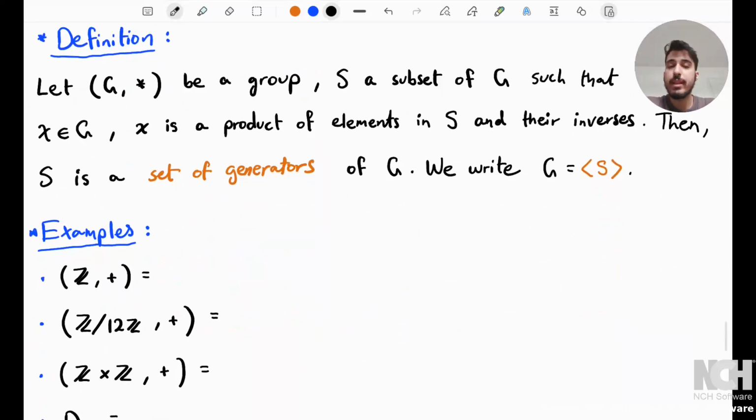The first example is Z with the operation plus, so the integers. We can say that the integers are all generated by a single integer, which is 1. And the reason is because any element, let's say the element number 5, 5 can be generated by adding 1 to itself 5 times.